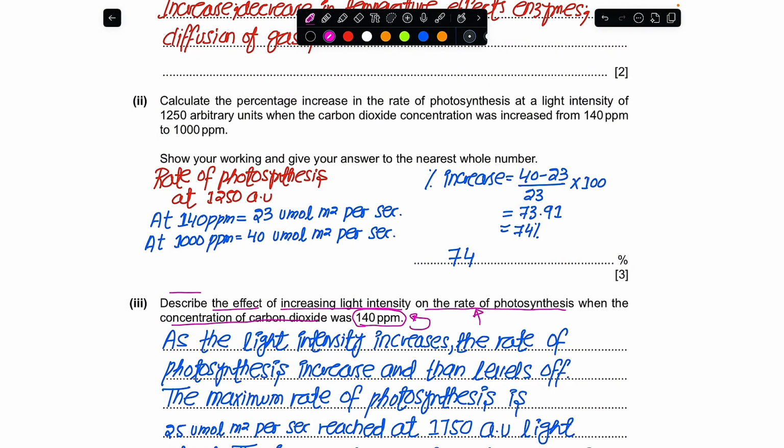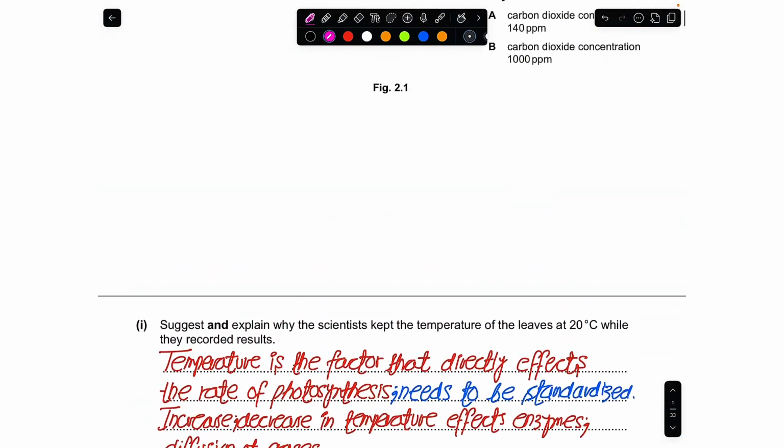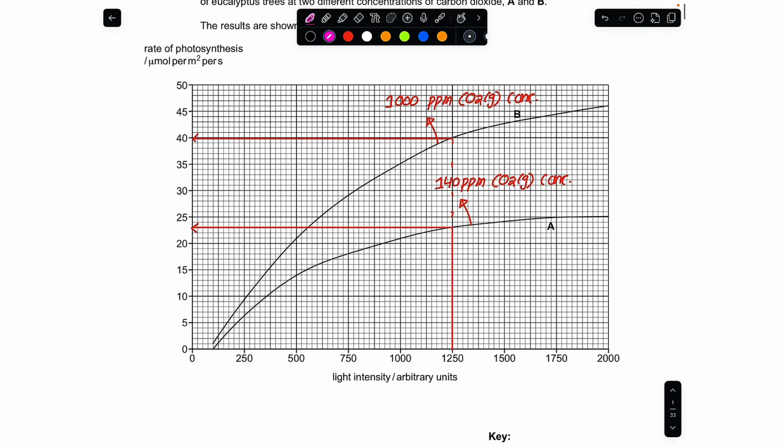Again, for description, you are required to write whatever you see in the graph. So if I revert back to the graph, the curve A that we are given here is where the carbon dioxide concentration kept was 140.